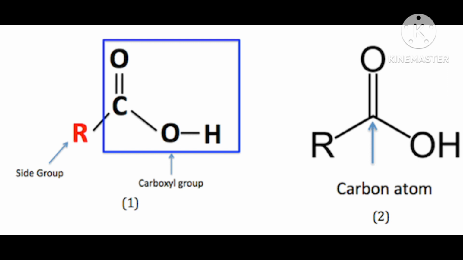Oxalic acid. And now 2 carbons are there, hence the IUPAC name will be ethane dioic acid, because 2 COOH groups are there.